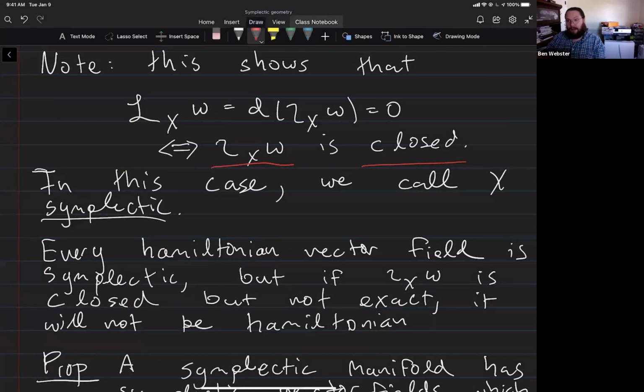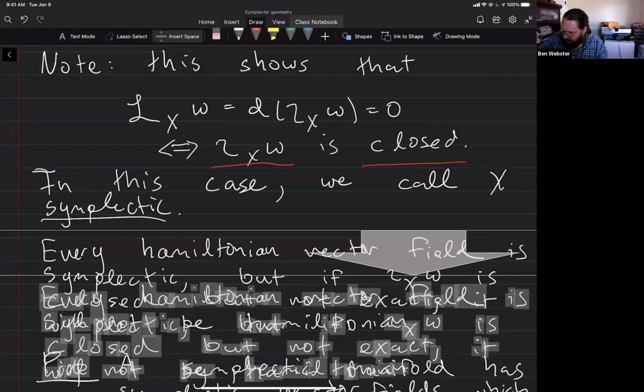Now, on the other hand, a vector field is going to be Hamiltonian if this contraction is exact. Maybe I will actually write that since it's an important observation.